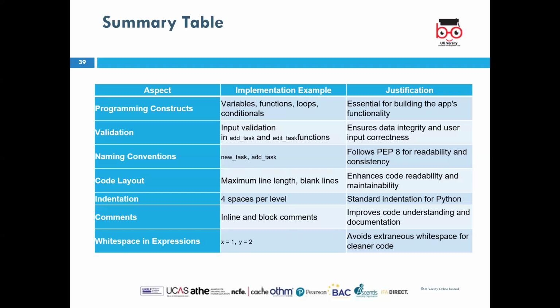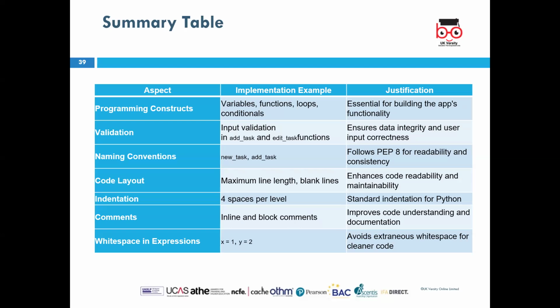So now we can summarize what we've said. When it comes to programming constructs, we have variables, functions, loops, and conditions, and these are essential for building our app functionality. Validation, we looked into defining these functions.